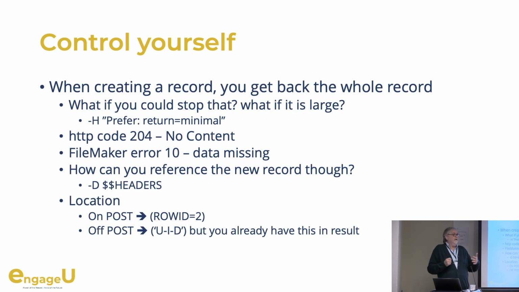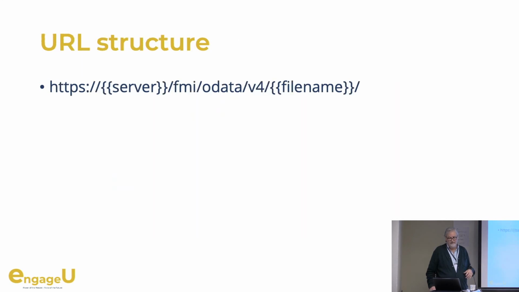So if you then say, I don't want any data back, but in the headers, I know you've given me a piece of data that's useful for me. I know the ID of the record you did just create. So that kind of confirms it got created, and I could then do something with that. If you turn that off, you get back the unique ID of the key field anyway, so you don't need to do that through the headers.